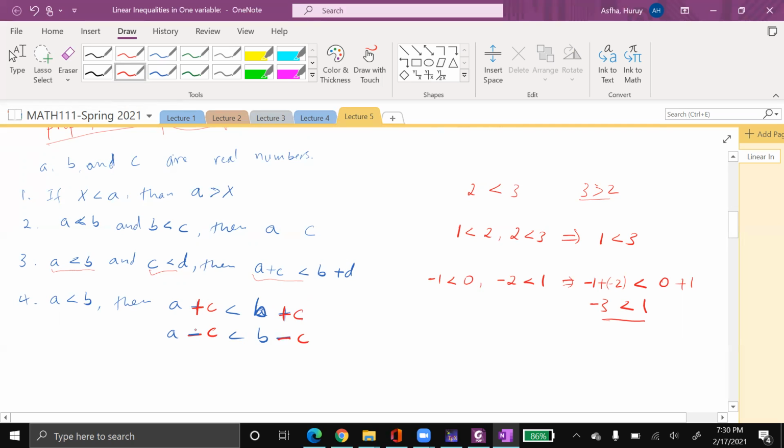So for addition and subtraction, still the inequality holds. If you add or subtract the same number on both sides, the inequality will not be affected. It will still be the same. If it is less than, it will still be less than. If it was greater than, it will still be greater than.